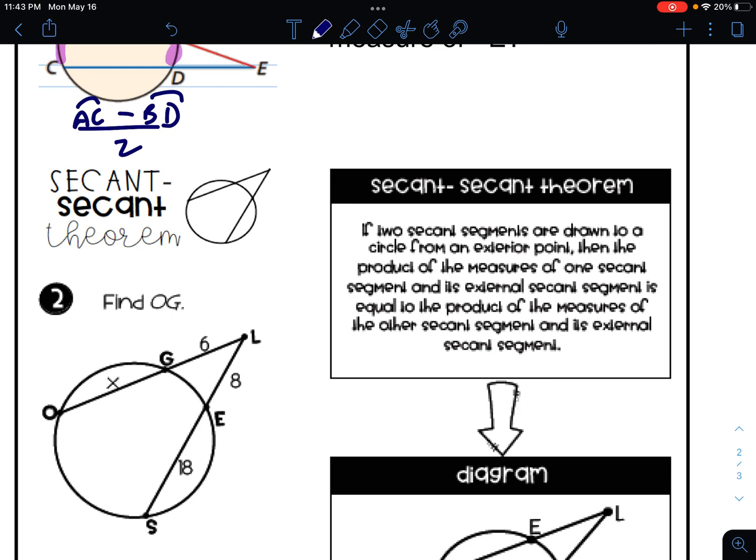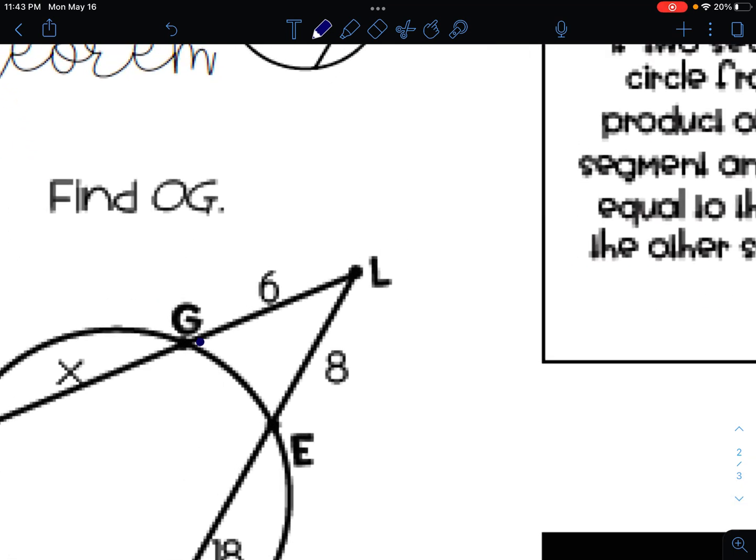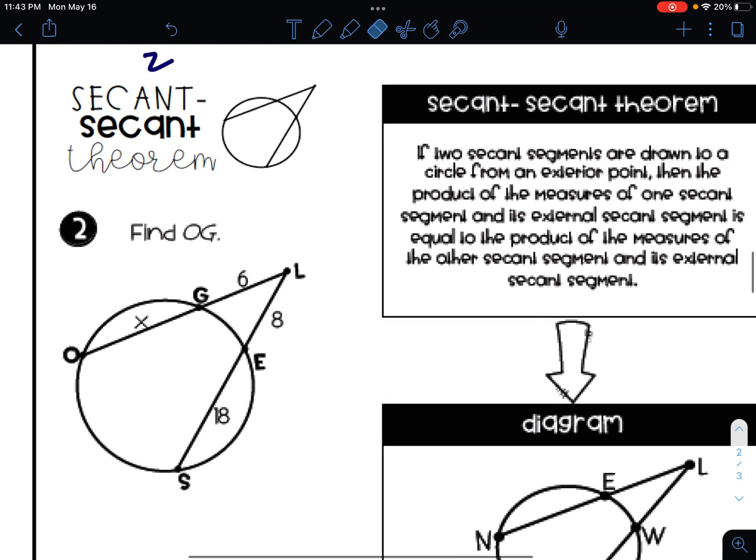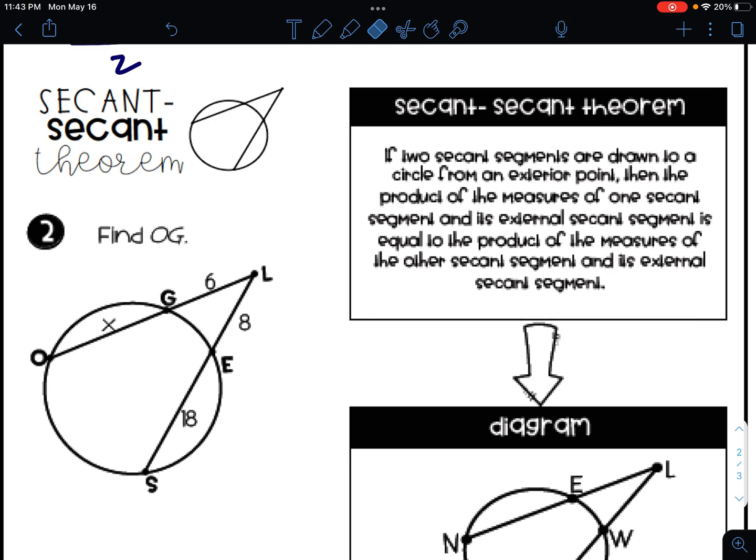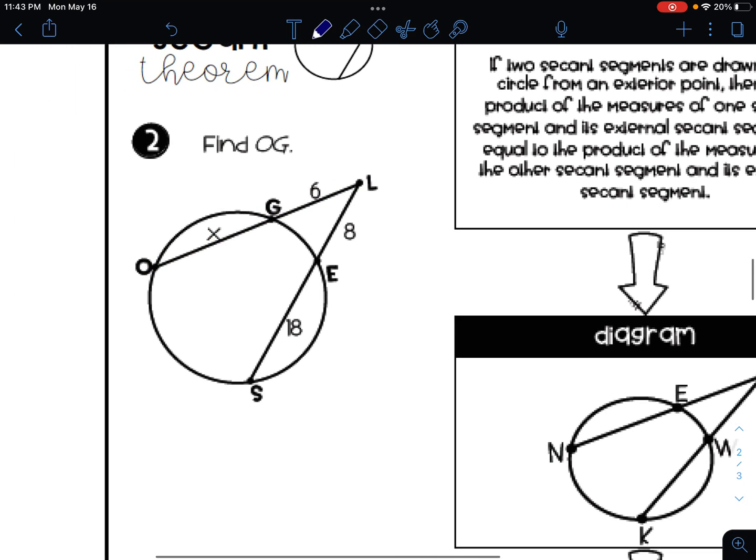All right, so first things first, external is outside. So the 8 and the 6 would be considered the external segments. When we're talking about the external segments here, we're talking about the 6 or the 8. So the product of the measure of one secant length is this: x plus 6, that's the whole length from O to L, times the external.